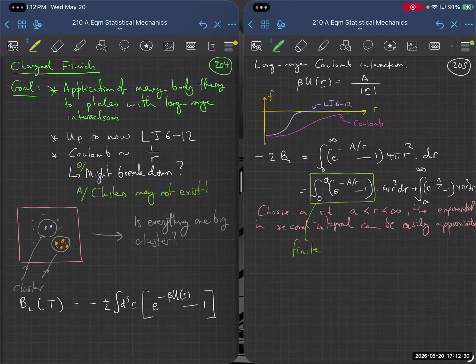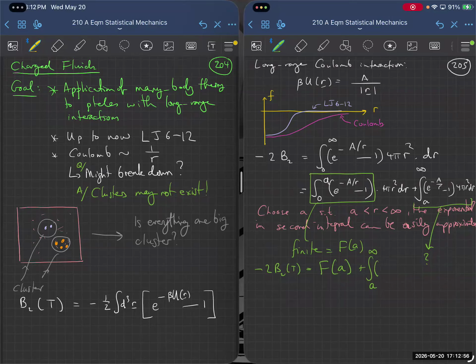We don't care about that, but I do care about the second term. So minus 2 B2 of T is equal to whatever this first term is, which I'm going to call f of a. And then I'm going to expand the exponential in the second term.